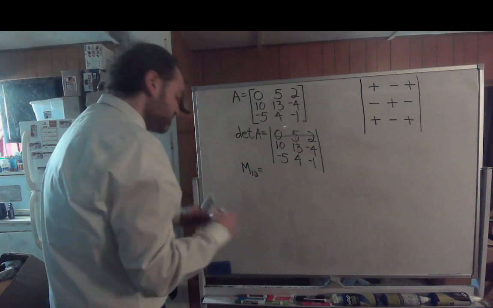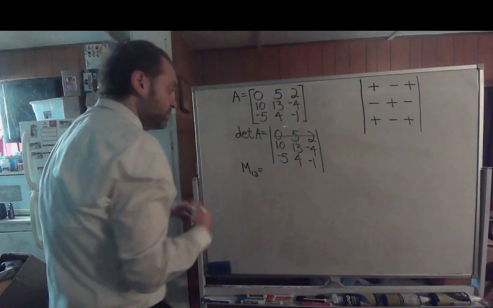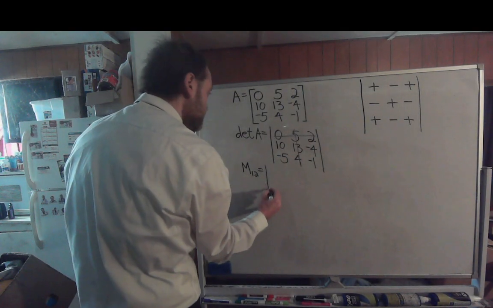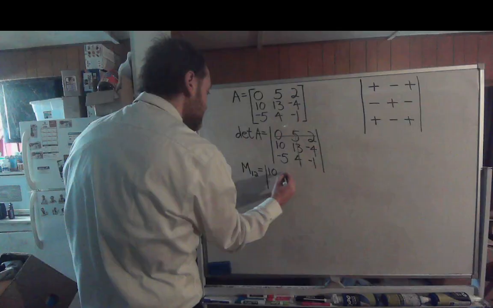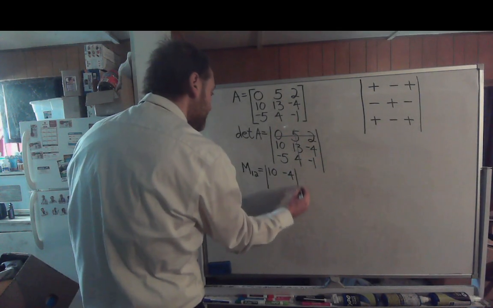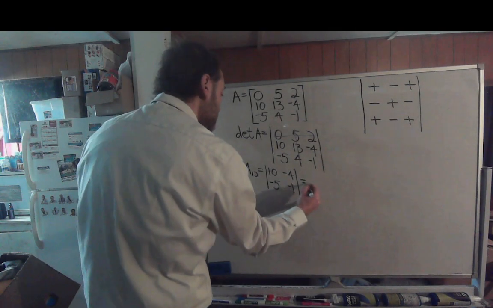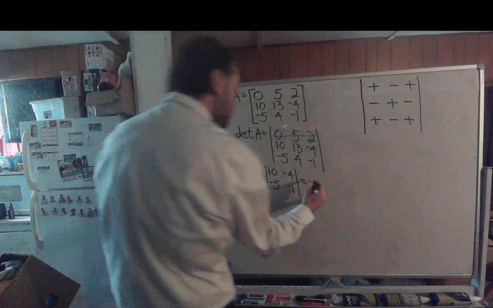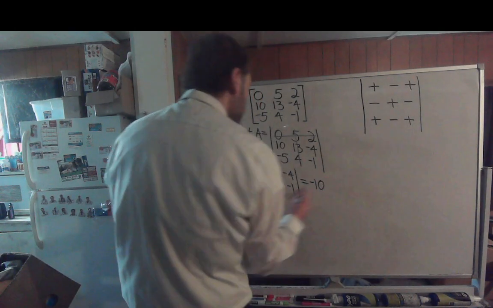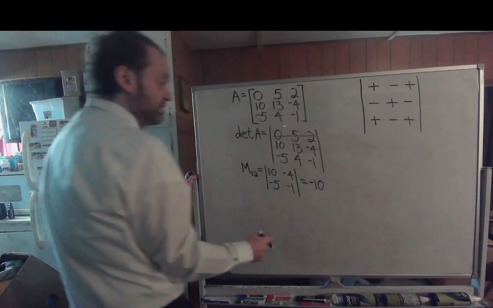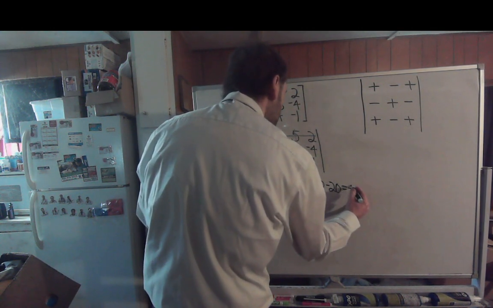Your minor is just simply the determinant of what's left. So the determinant of 10, negative 4, negative 5, negative 1. Well, 10 times negative 1 is negative 10, minus negative 4 times negative 5, that'd be minus 20. Well, that would give you negative 30.